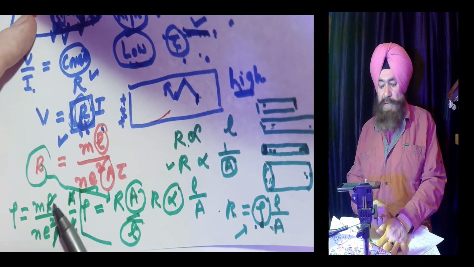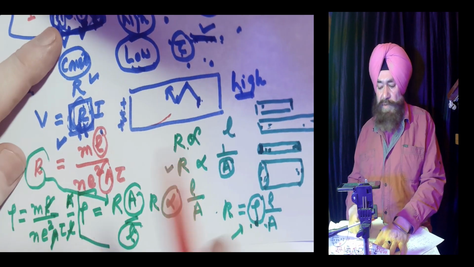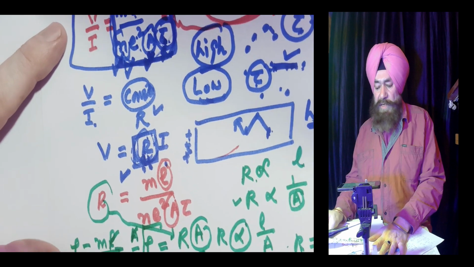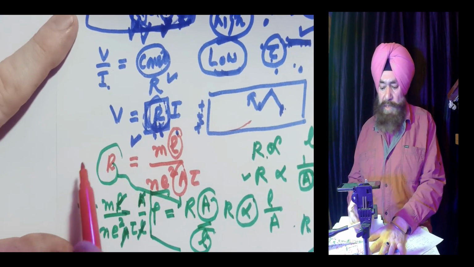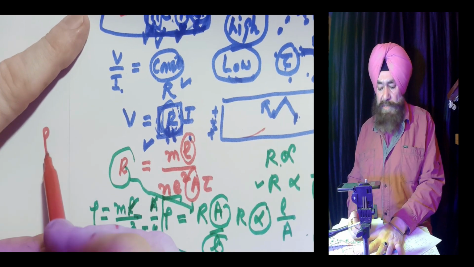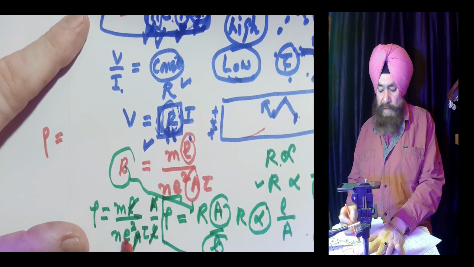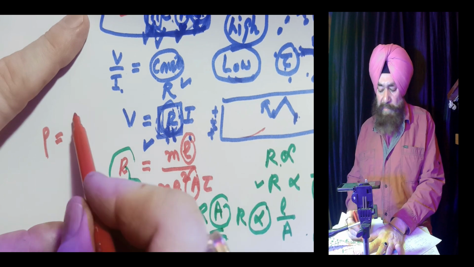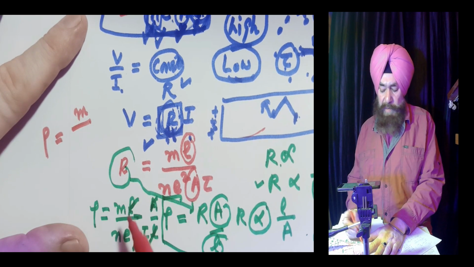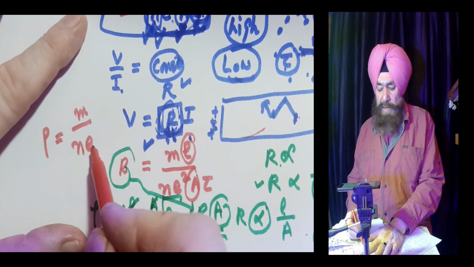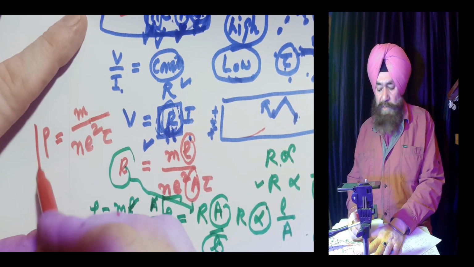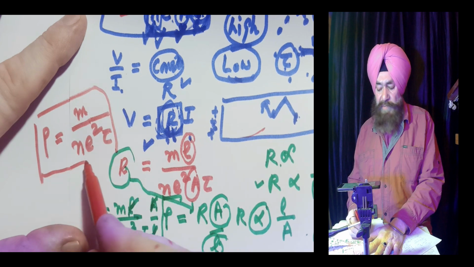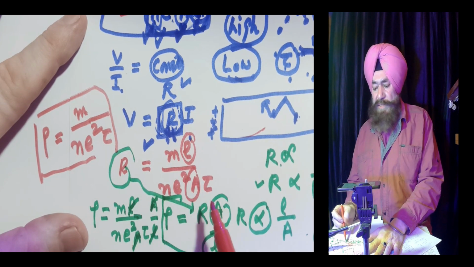So what is the expression of resistivity? The expression of resistivity is rho equals m upon n e squared tau. Now what is the difference between resistivity and resistance?